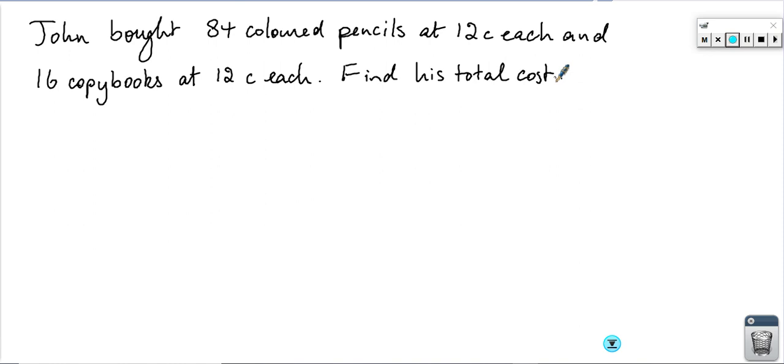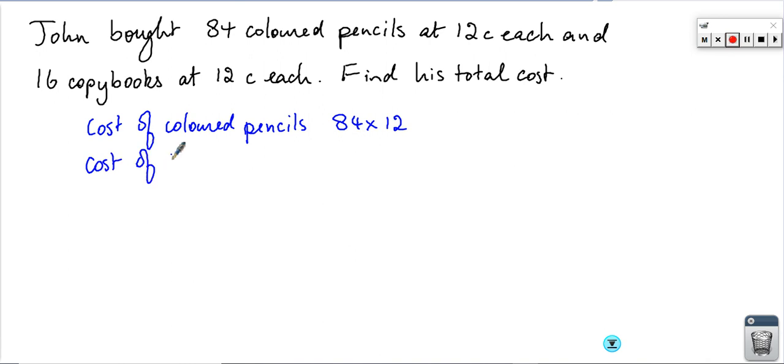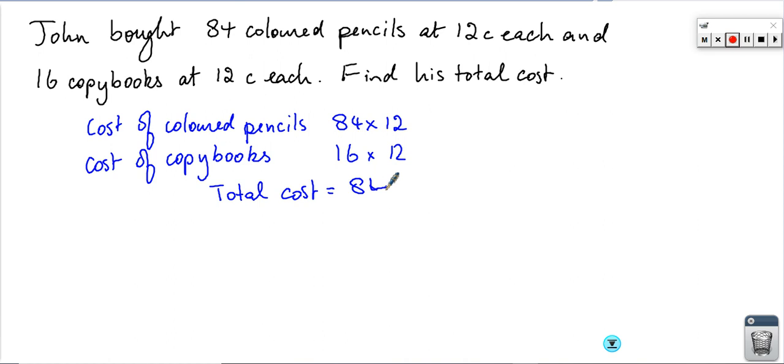So, what do we have here? If I had to find the cost of the colored pencils, cost of colored pencils is 84 times 12. If I had to find the cost of the copybooks, it is 16 times 12. So the total cost is 84 times 12 plus 16 times 12.